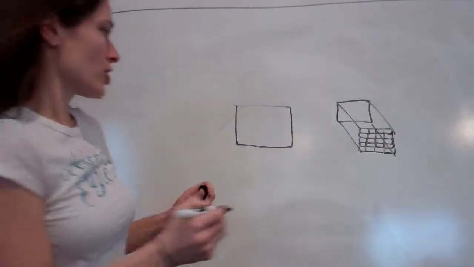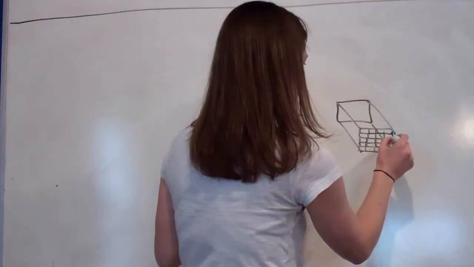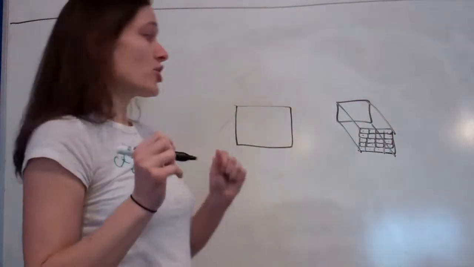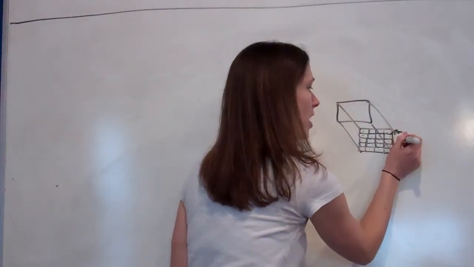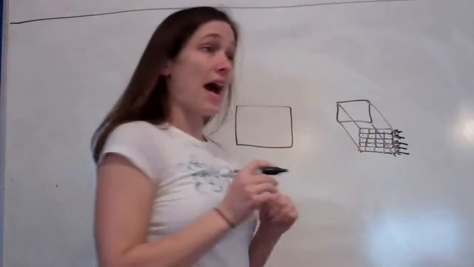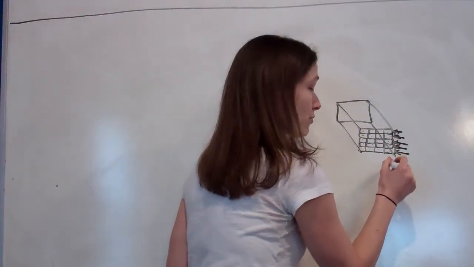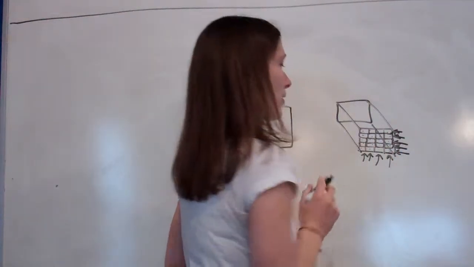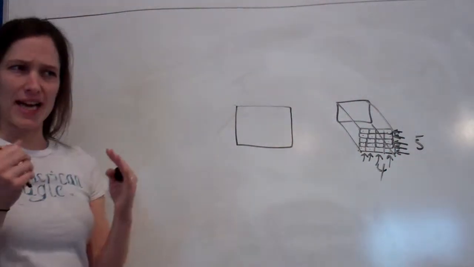Okay, so how many sugar cubes do we have on the bottom? 1, 2, 3, 4, 5, 6, 7, 8, 9, 10, 11, 12, 13, 14, 15, 16, 17, 18, 19, 20. Okay, so as you can see, I have 1 row, 2 rows, 3 rows, 4 rows, 5 rows of, how many is in each row? 4. 1, 2, 3, 4. Okay? Now, so we have 5 of 4. Okay? And that's kind of how you see it.